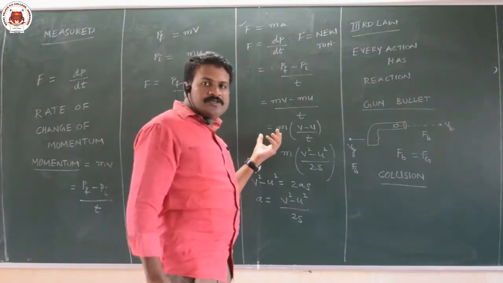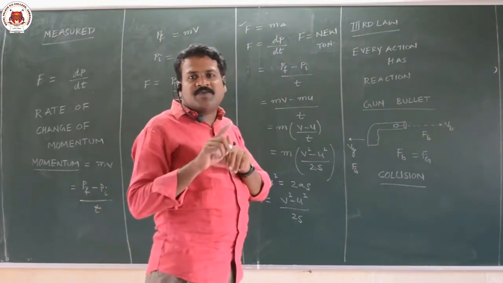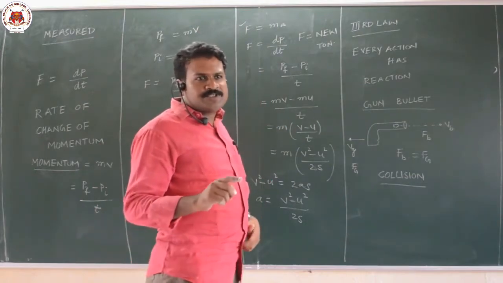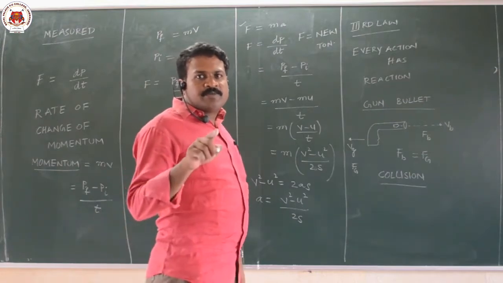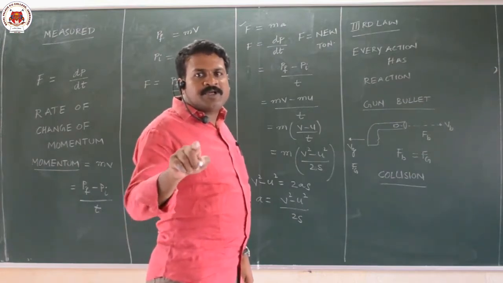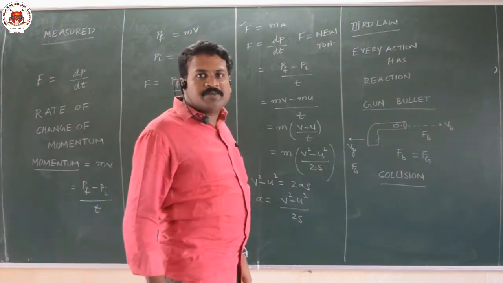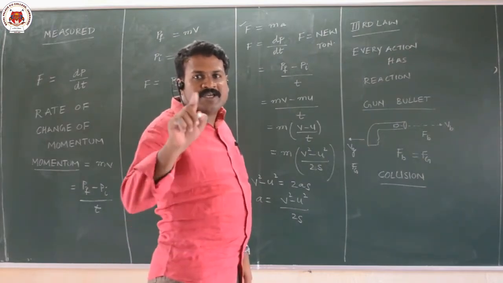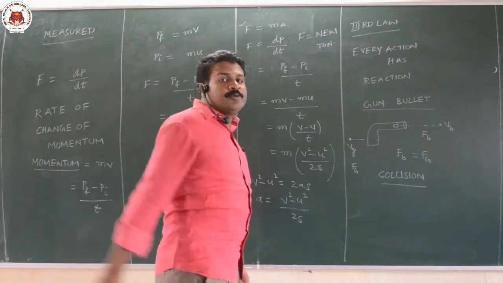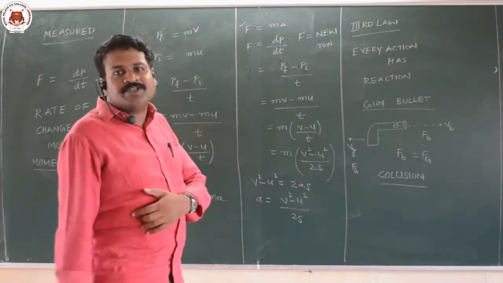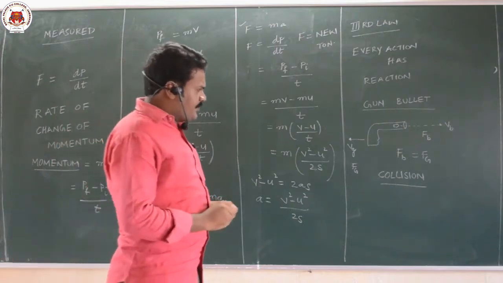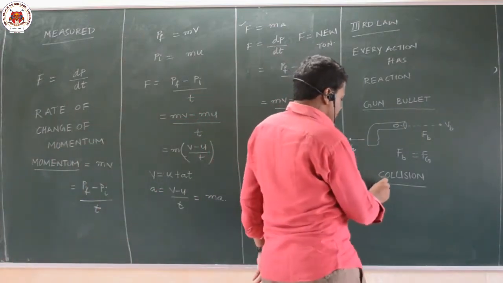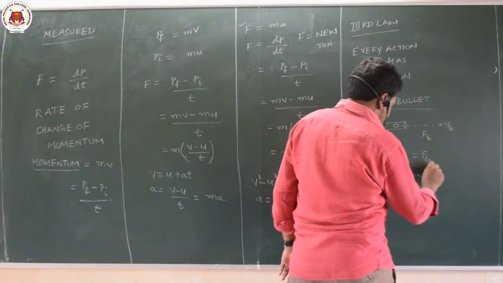Many people write the definition of Newton's second law as force acting on a body is proportional to rate of change of momentum. But the exact definition is: net force acting on a body is proportional to rate of change of momentum. Collision also we will study in detail in your PUC first year.